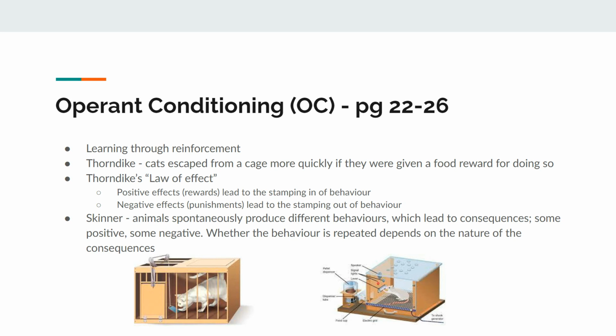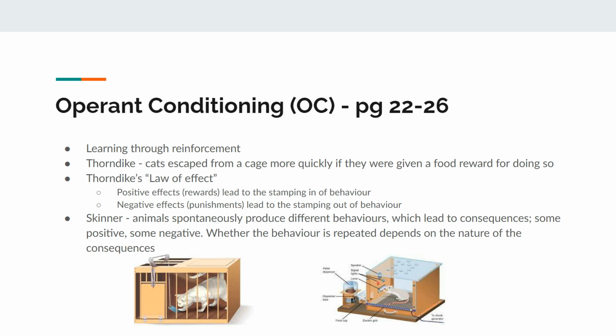This led to his law of effect. Positive effects, i.e. rewards, lead to the stamping in of behaviour. So if you get a reward for doing a behaviour, you're more likely to do it again. Negative effects, i.e. punishments, lead to the stamping out of behaviour. So if you do a behaviour and you're punished for it, you're less likely to do it.